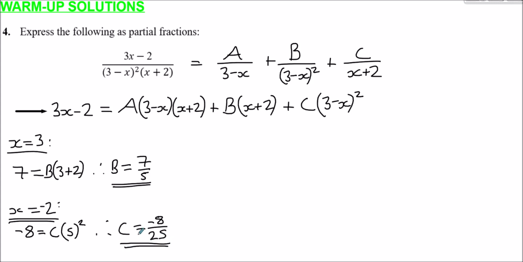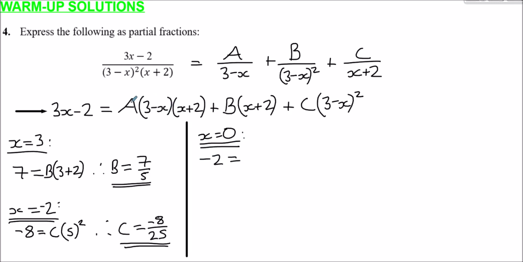The final one to work out is a, since we've got b and c. Now it's up to you what value you pick. I tend to go for x equals 0 finally, just a habit of mine. It's typically a fairly good value to pick. The left side becomes minus 2.